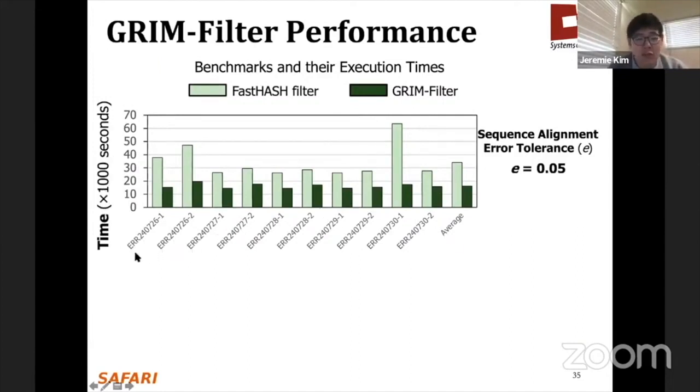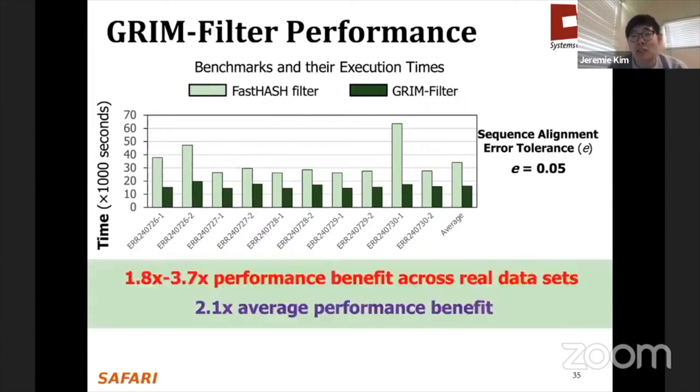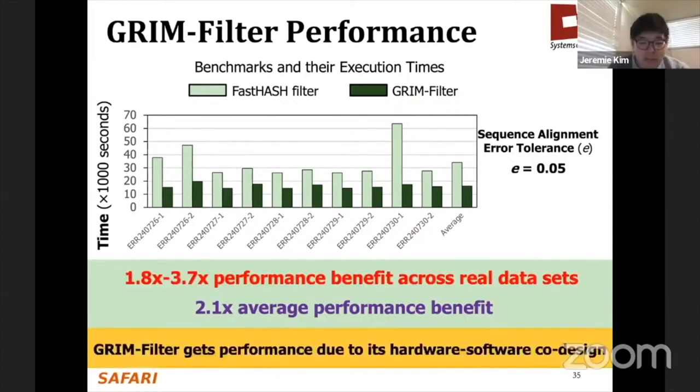This is just how we label the data sets in bioinformatics. We plot total execution time for both the FastHash filter and GRIMFilter, using a sequence alignment error tolerance of 5%, which is pretty typical. We find that we get a performance benefit of up to 3.7x, and on average 2.1x.